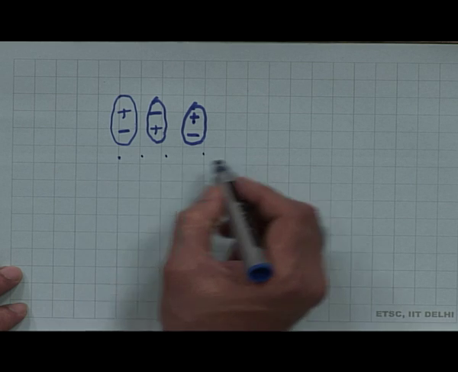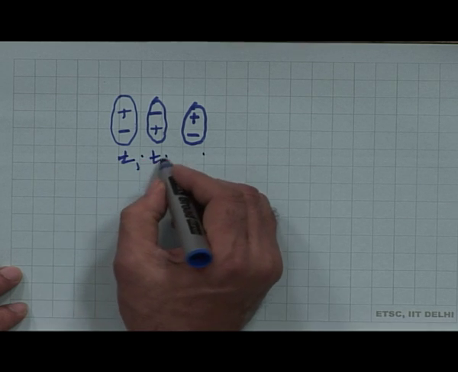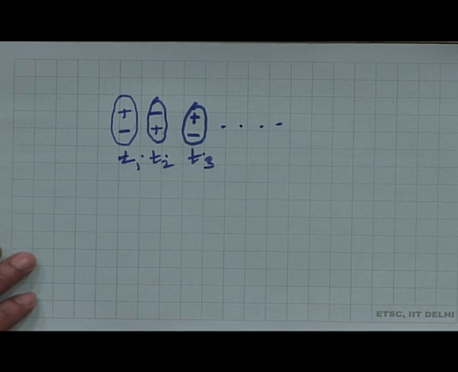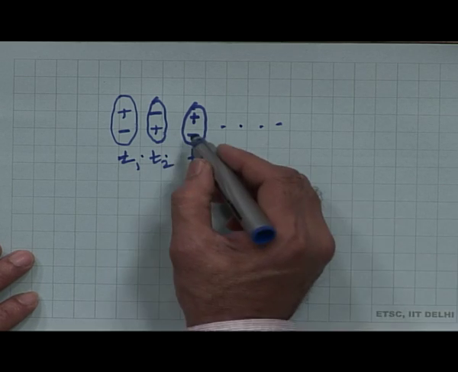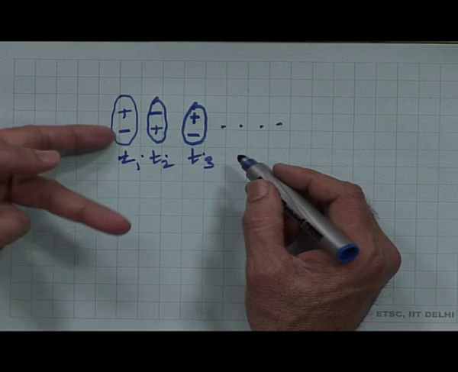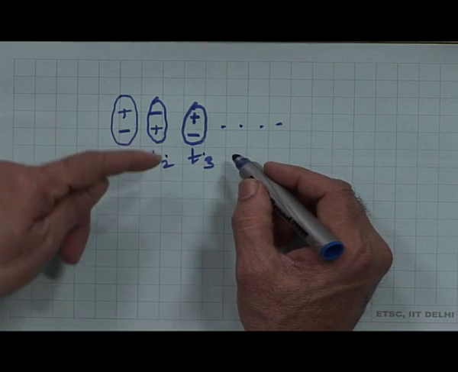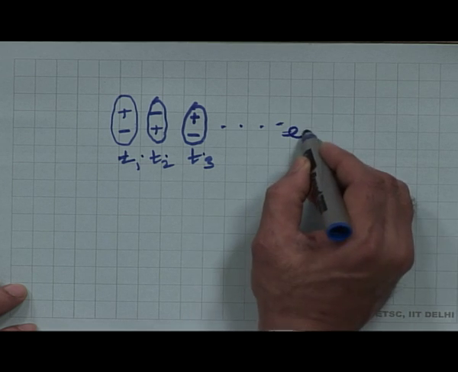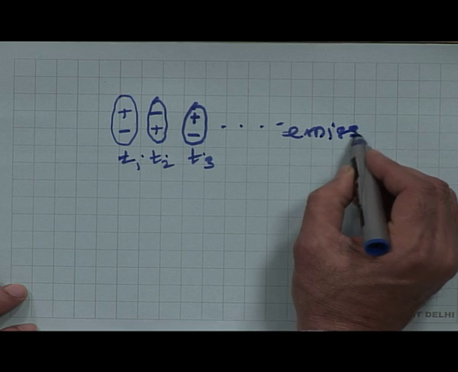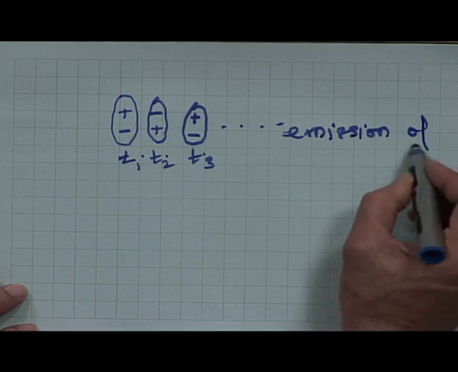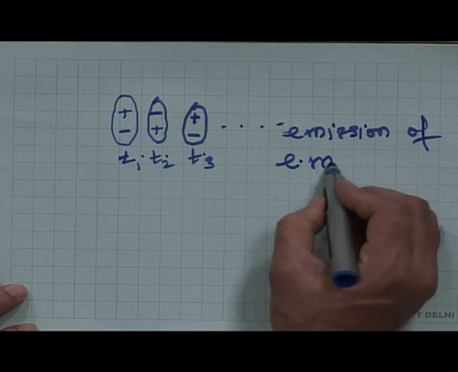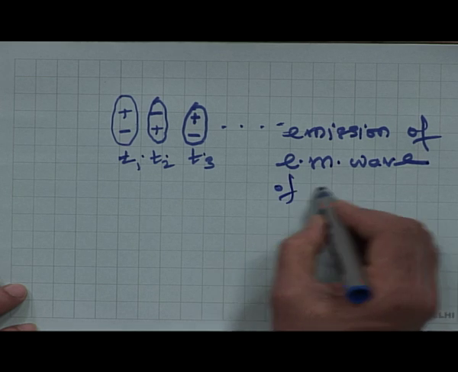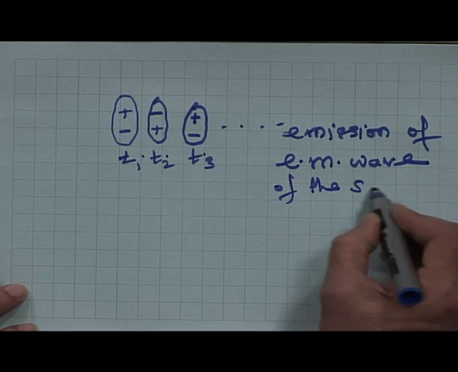So, this is at time t1, this is at time t2 and time t3 and so on, it is changing. Such a dipole emits. So, this rapidly changing positive, negative, negative, positive, positive, negative leads to emission of an EM wave of the same frequency.